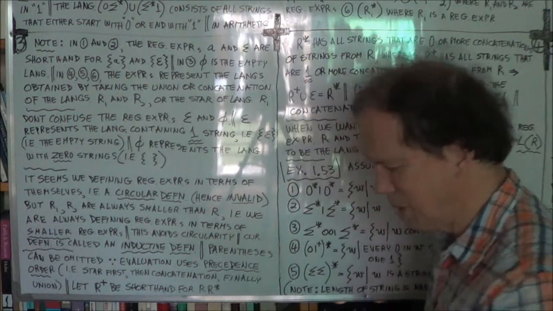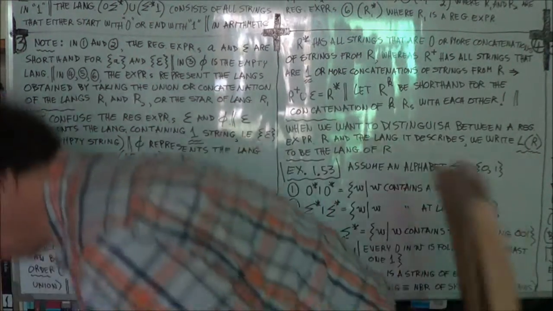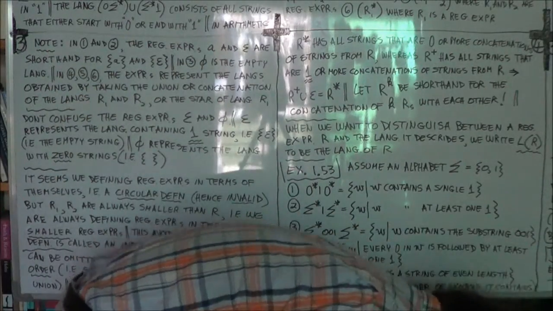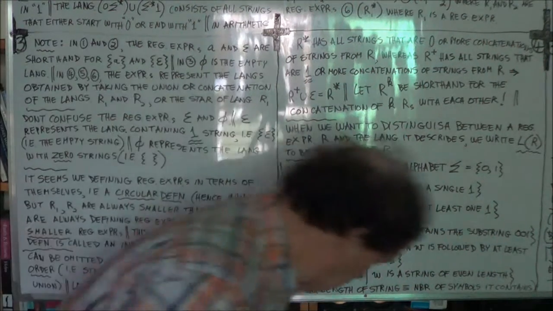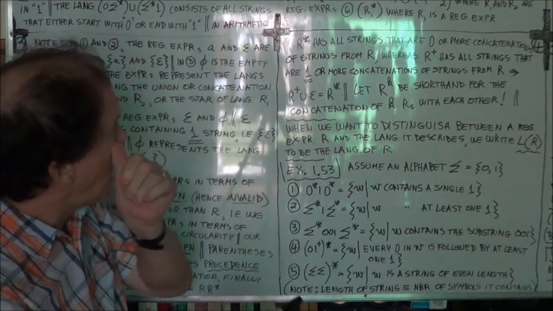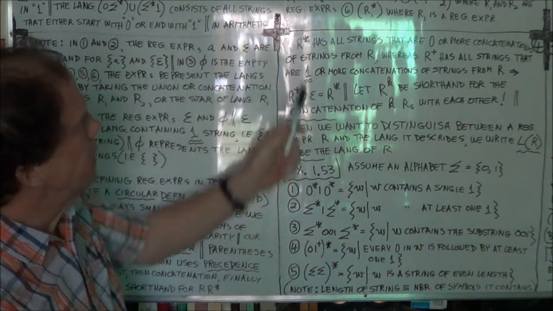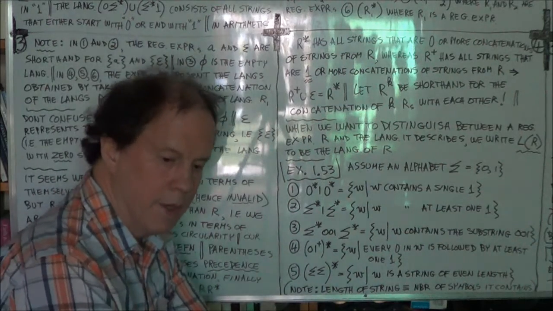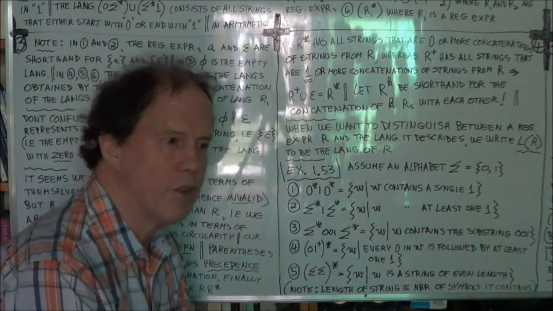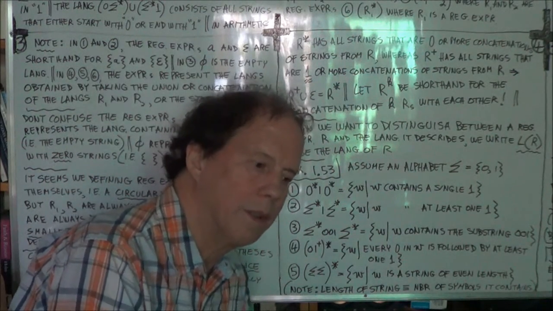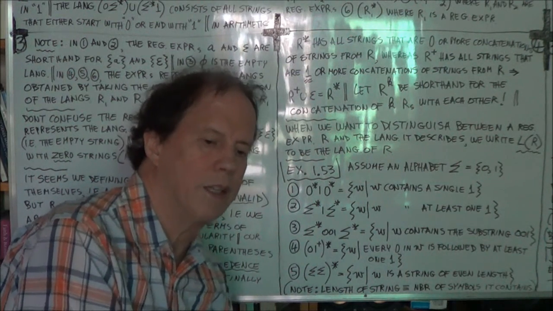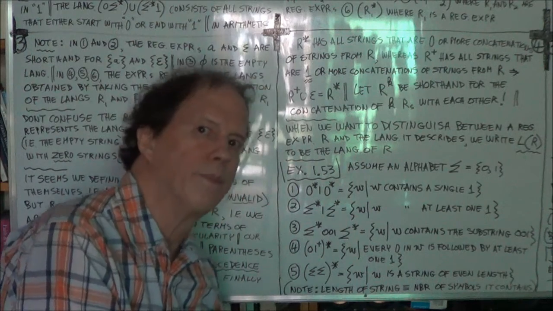Now, what does that mean? Well, R star, remember, it's the set of all possible concatenations of strings of an alphabet, the alphabet R. Okay, but that set includes the empty string eta.